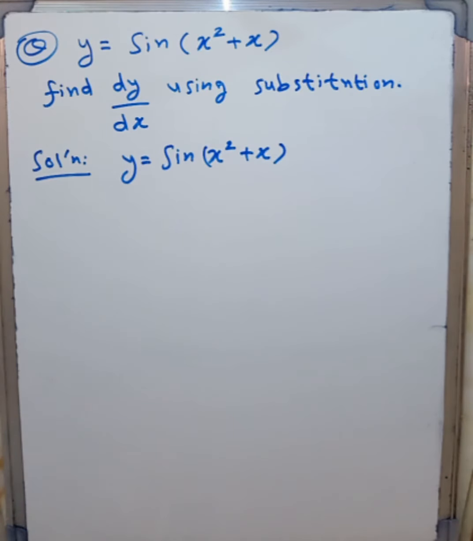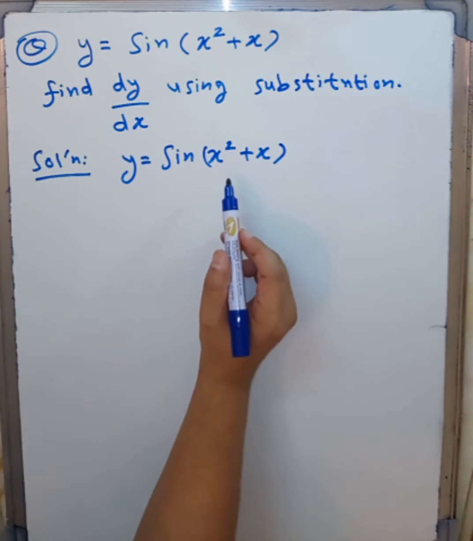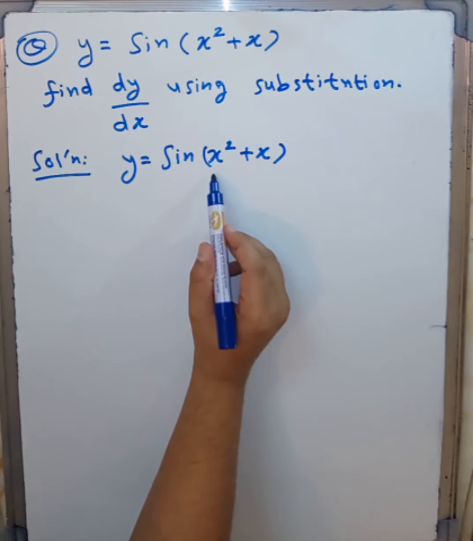If we observe the function properly, we can very clearly state that this is a composite function. It is given that y is equal to sine of x square plus x. So very clearly we can say that it is the combination of two functions.